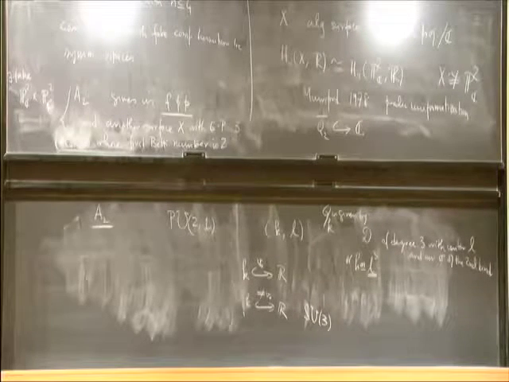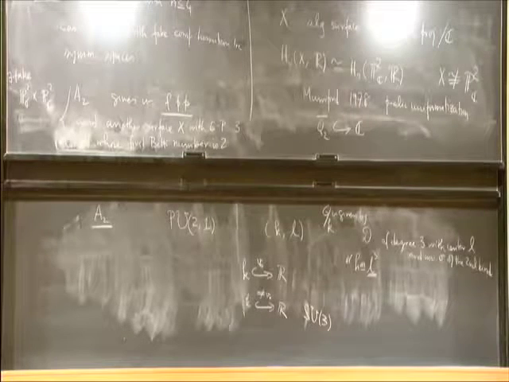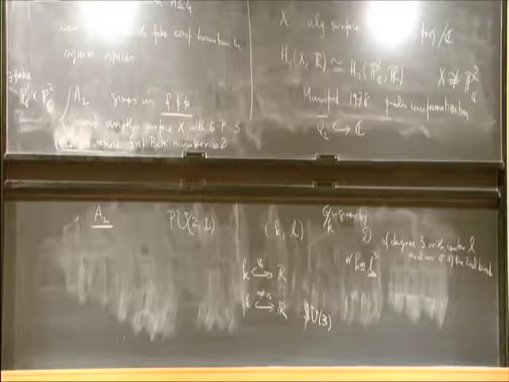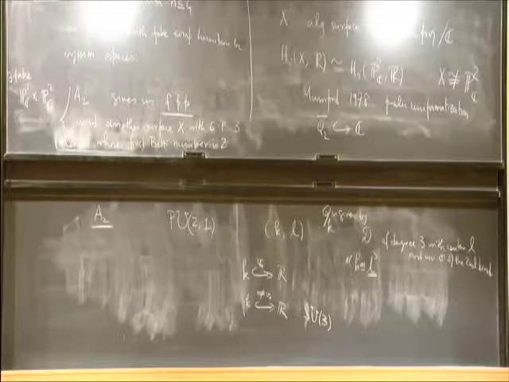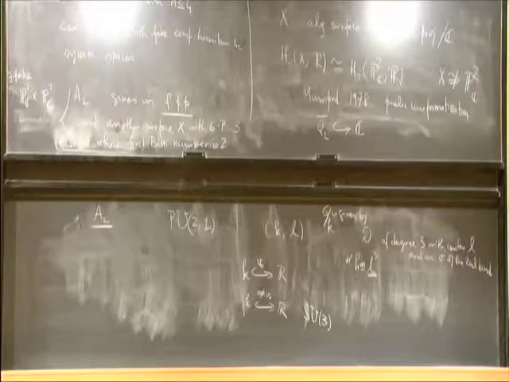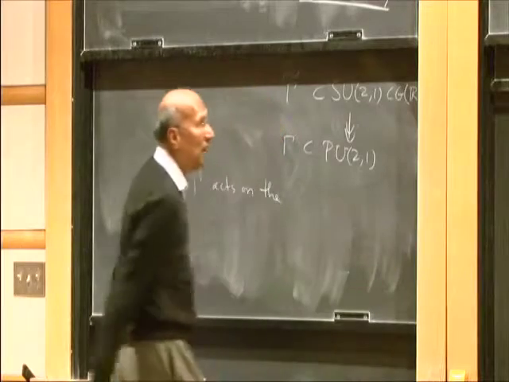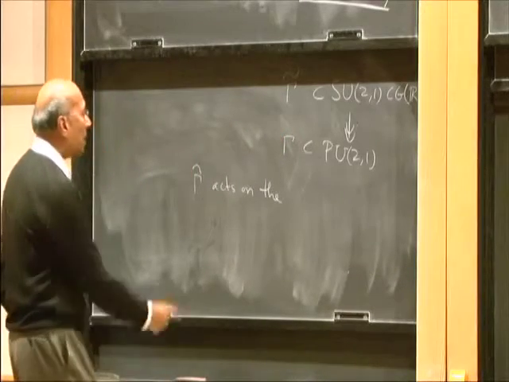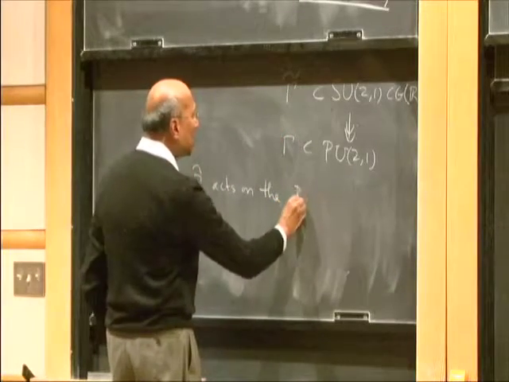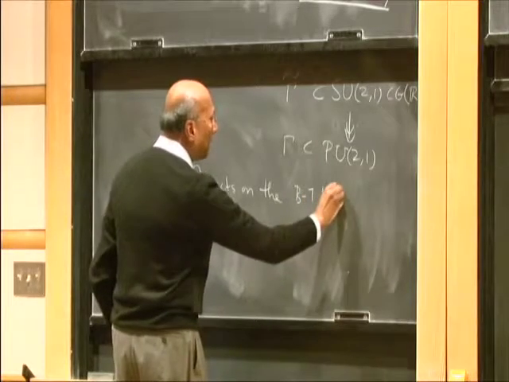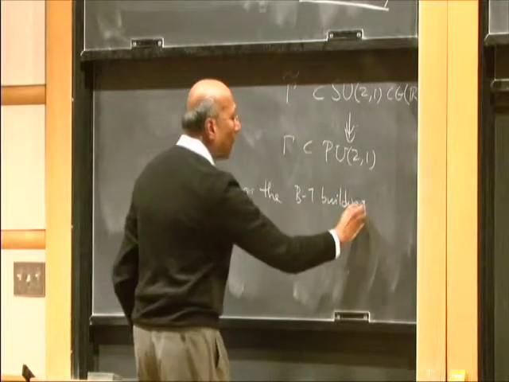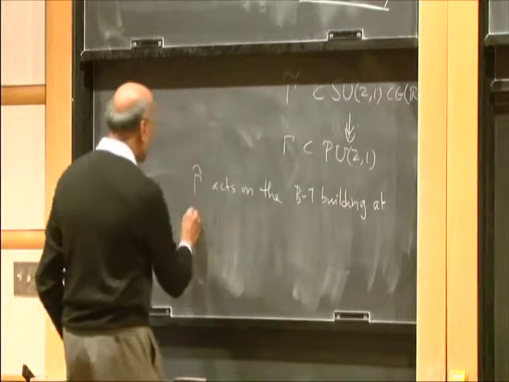I'm thinking of SU21 arising from my group over K, and I have fixed an embedding of K in R called V0. So gamma tilde acts on the Bruhat-Tits building at every non-Archimedean place.